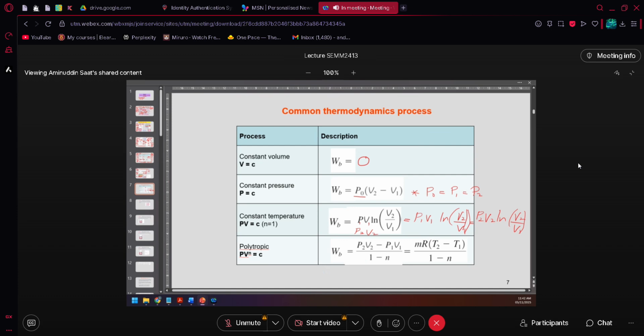Okay, so what is 1 and 2? 1 normally represents the initial state or initial point. 2 represents the final state or final point.